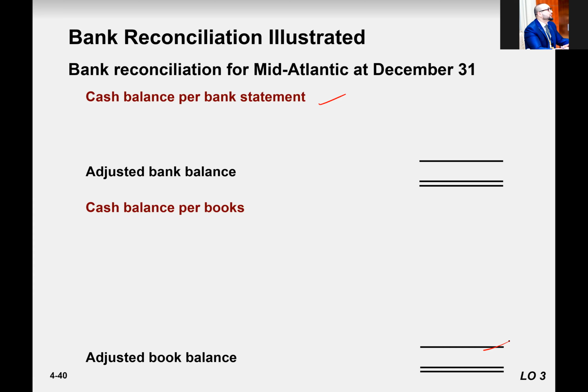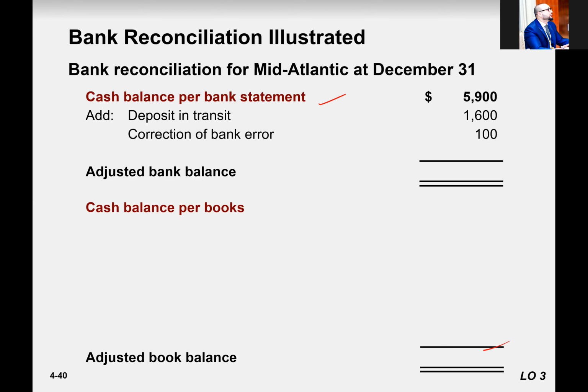You write down the balances first. The balance is 5,900, and what was missing in cash? Deposit in transit, corrections, and outstanding checks. So the total balance is 6,260, right?